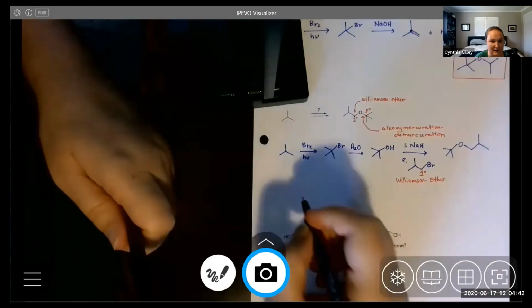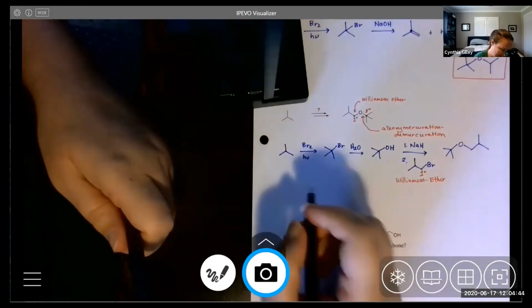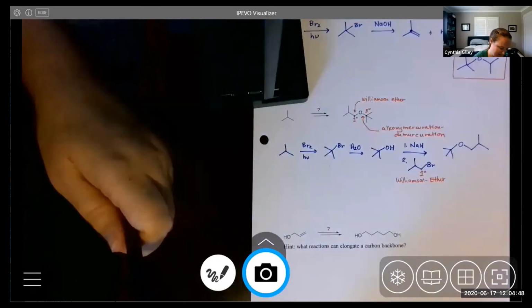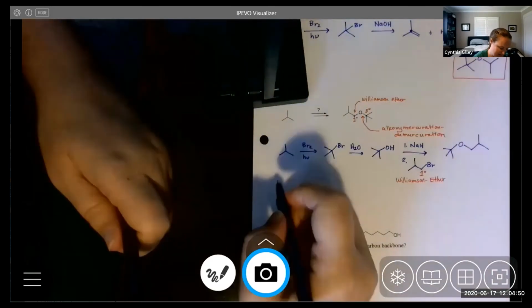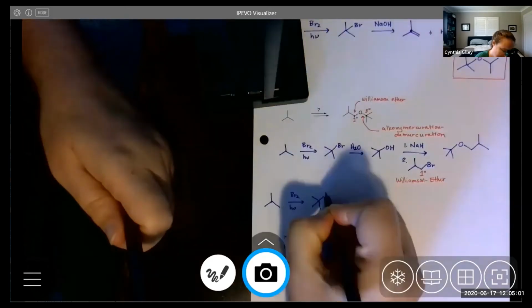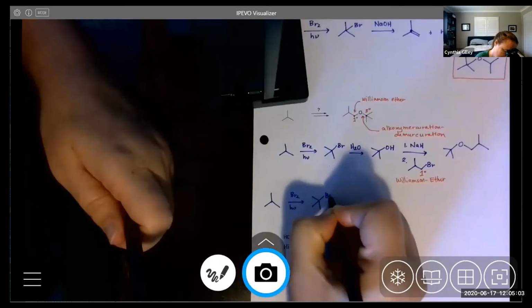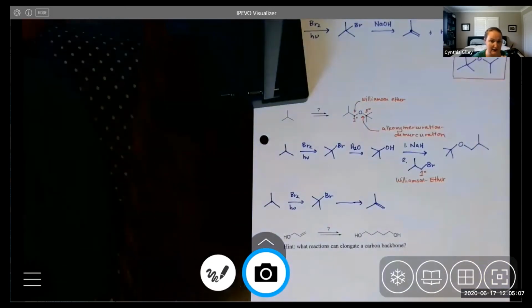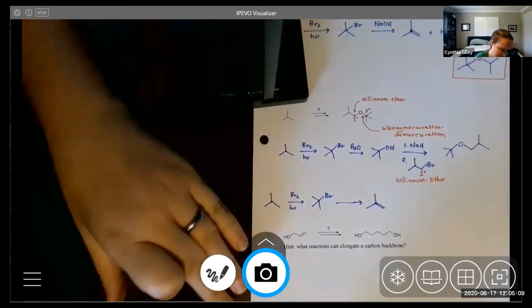So just keep going and keep going. But let's say we want to make an alkene. So we'll start here, and again, we have no choice. If I want to make the alkene for my alkoxymercuration demercuration, I just need to do an elimination.